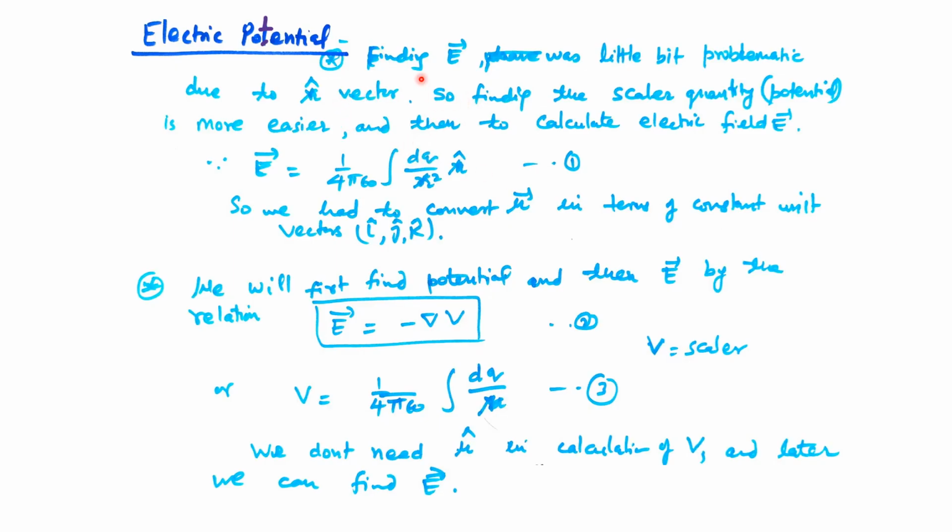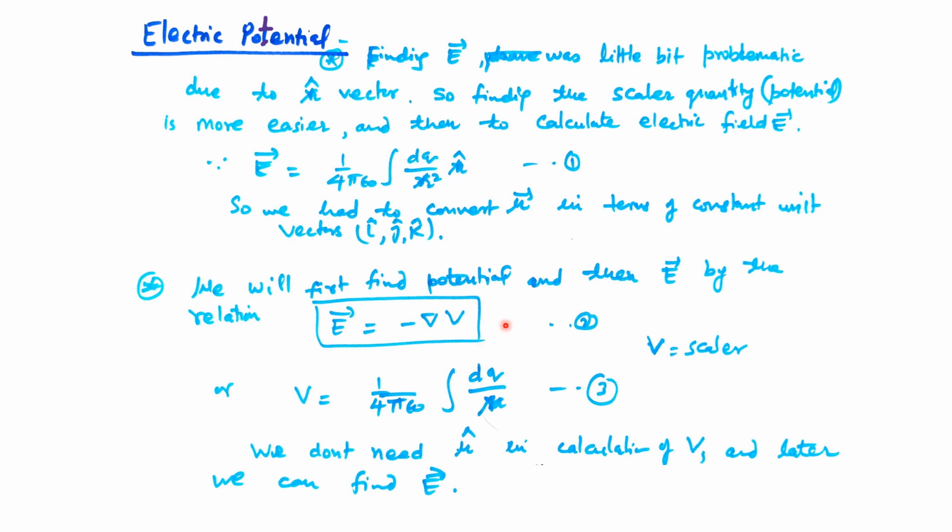And to find electric field is a little bit difficult in case of 1 upon 4 pi epsilon naught dq by r square into r cap, because r cap is a vector and sometimes it is difficult to use the integral for a vector or unit vector.